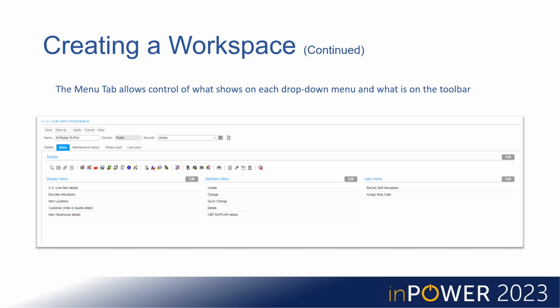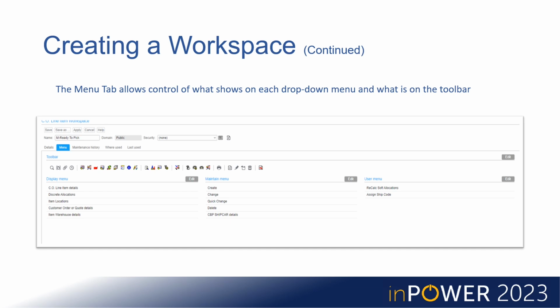So say I don't want them to ever have an option to delete. I can take it off here, and I can do the same thing on the display, maintain, and user menus below. You can control what's on there and is not on there, and what they see of related files, as that's usually what shows up in the toolbar, are icons to get over to stuff in your related files.